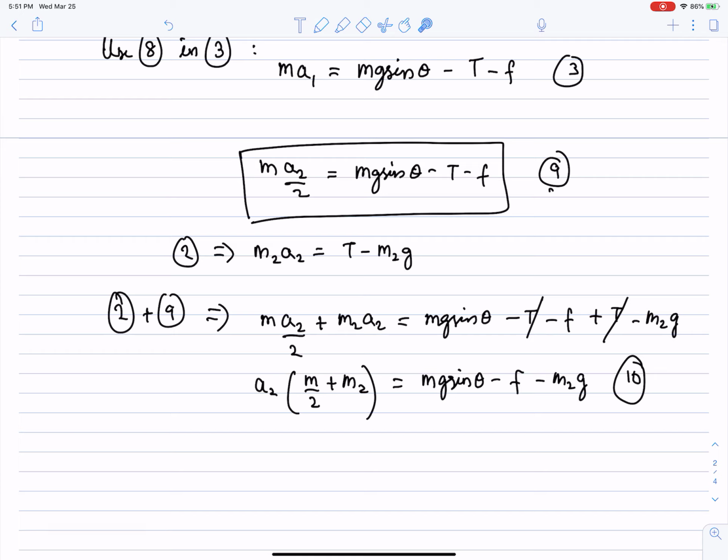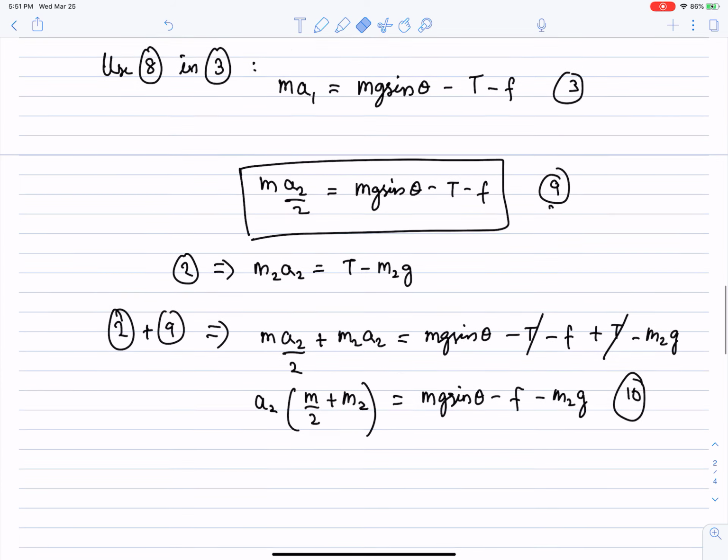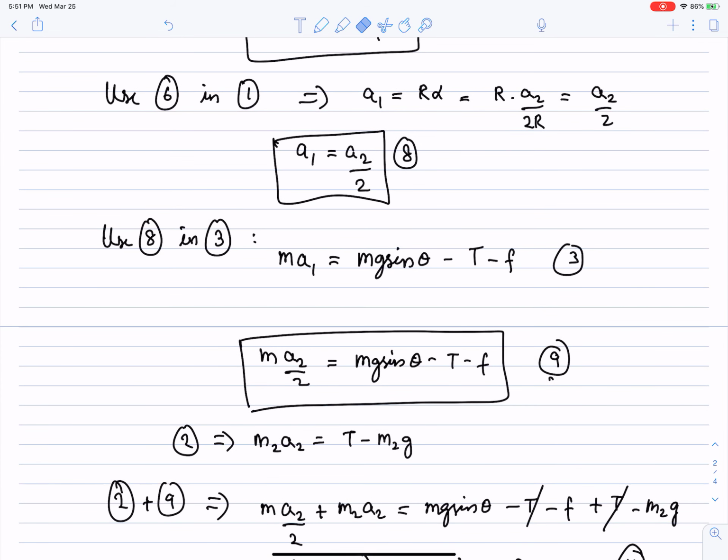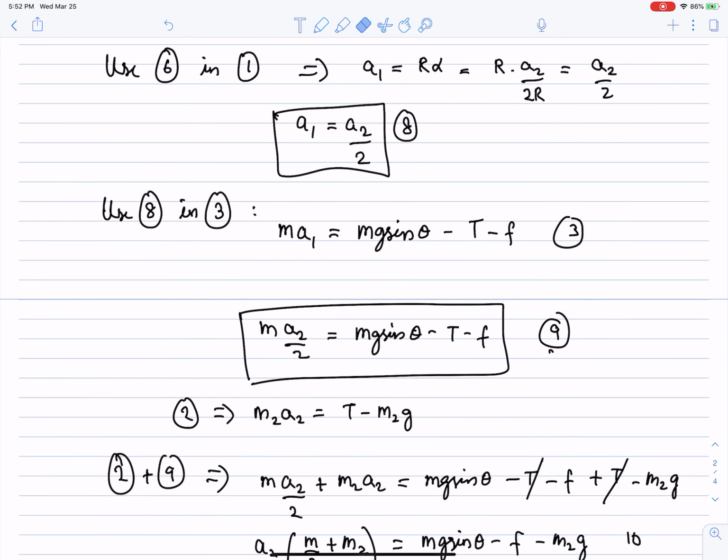So what I'm going to do instead is go back a little bit and use equation 9. Equation 2 already has just t and a2.